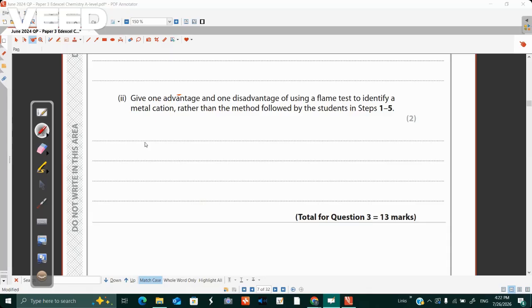What is the advantage of flame test? What is the advantage? Easy and reliable. Disadvantage?